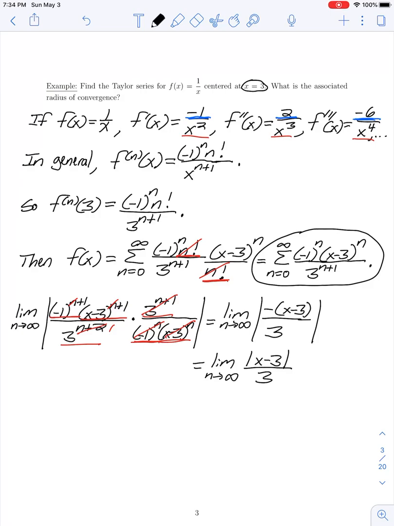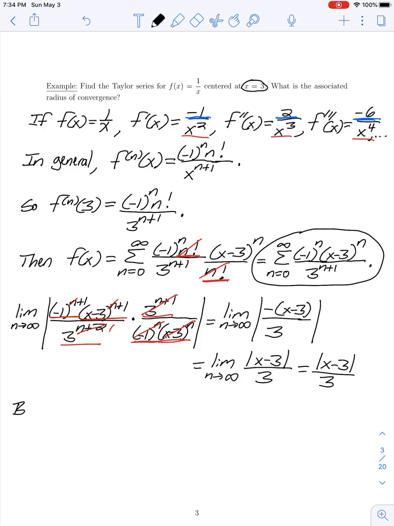And notice that this does not depend on n. That is, it is a constant with respect to n. So as n gets larger and larger, we always have the same value of our function, the absolute value of x − 3 over 3.